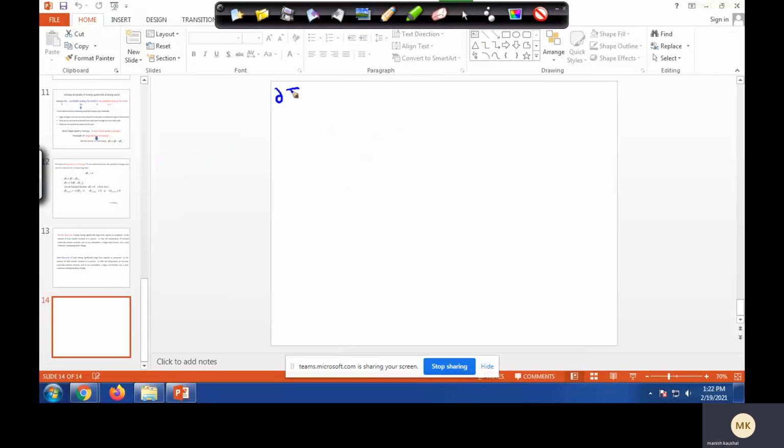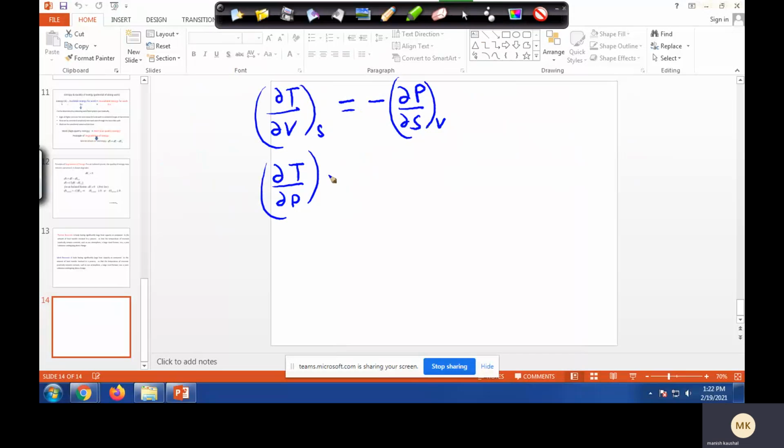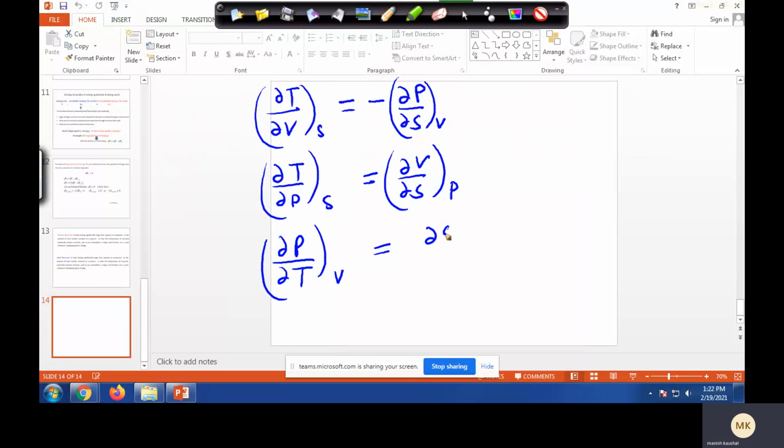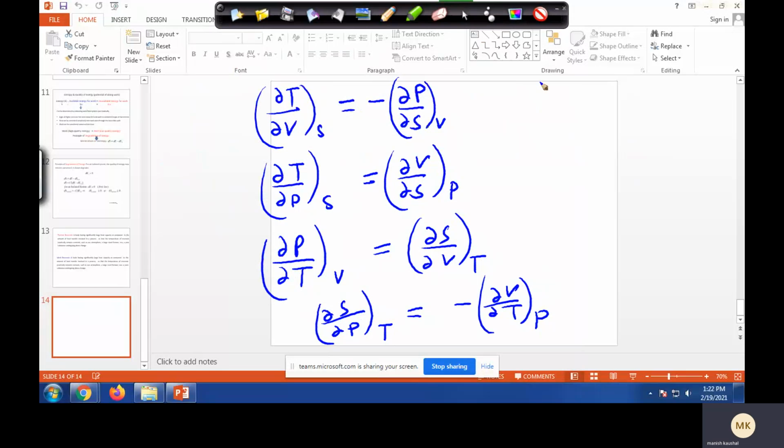Just to summarize, dou T by dou V at constant S is equal to minus dou P by dou S at constant V. Dou T by dou P at constant S is equal to dou V by dou S at constant P. Dou P by dou T at constant V is equal to dou S by dou V at constant T. And the fourth one is dou S by dou P at constant T is equal to minus dou V by dou T at constant P. We have these. So this is called the Maxwell relations.